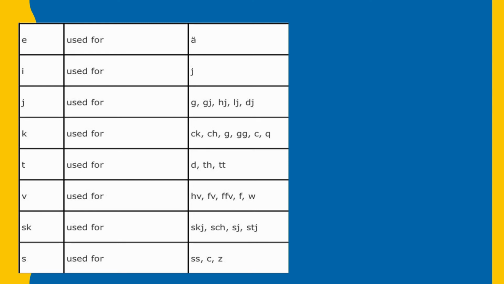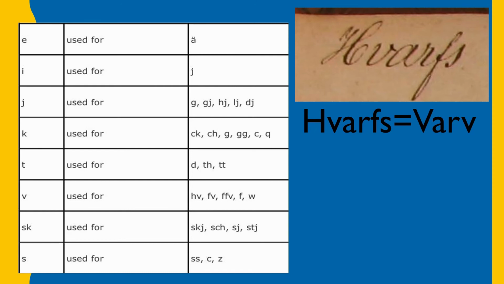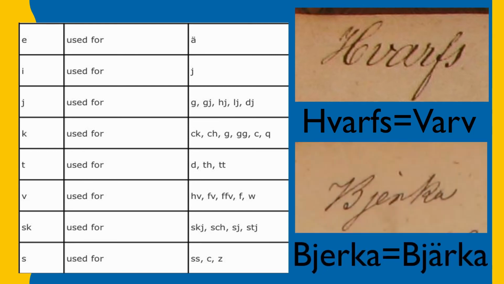For example, back in the 1800s, the parish that is now spelled V-A-R-V, Varv, was spelled H-V-A-R-F. If you're not aware that the spelling will have changed, then you might not recognize that this is the same parish. Here's another example.